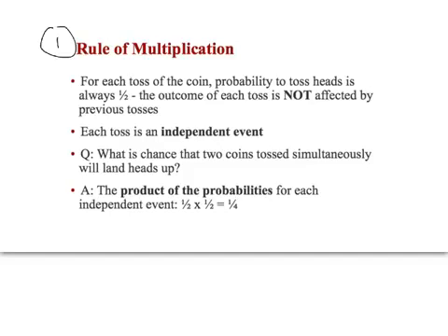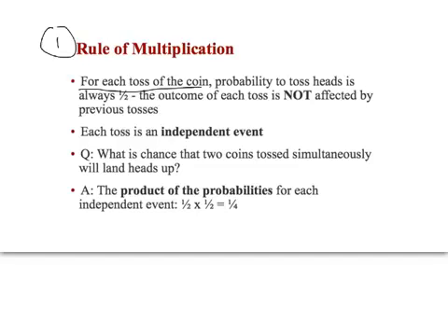So for example, if you toss a coin in the air, the probability that you get heads the first time is not affected by any other coin tosses you did in the past. So if you got 49 heads in a row, that does not affect what your 50th toss is going to be. They're completely independent.